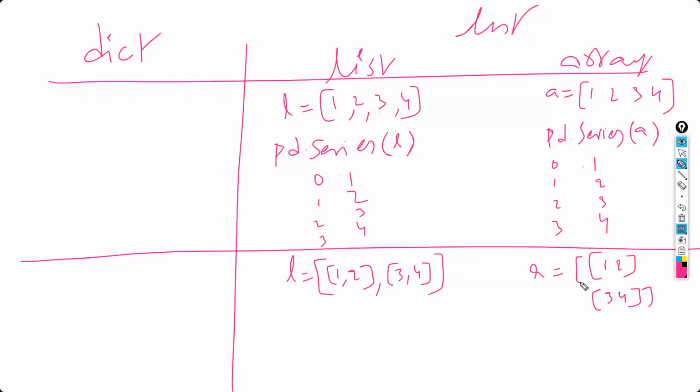Is that clear? Now I am converting this one to a data frame: pd.DataFrame, where D is caps lock and F is also caps lock, and I am going to convert the list. Now here, how many lists are there? 2 lists are there. Both lists have the same number of elements. Yes, then it will convert.